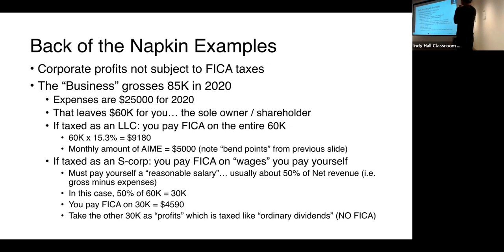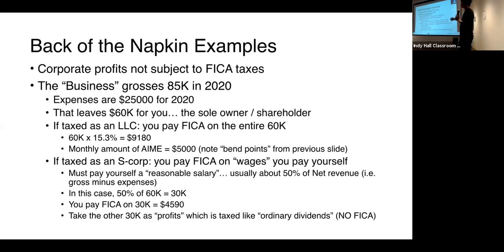If your tax is an S-corp, you only pay FICA on the wages. So the way this works, you have to pay yourself a reasonable salary. For most of us in here, we trade services. We're not building widgets, right? We're trading time for money, most of us in this situation. So for most jobs where that's the case, a reasonable salary is anywhere from 45 to 55%. Let's just say 50 for ease of math.